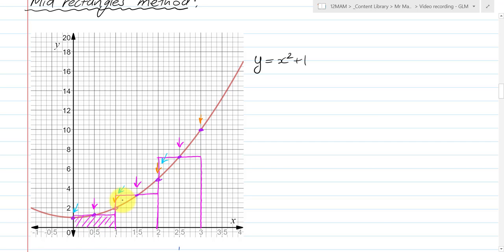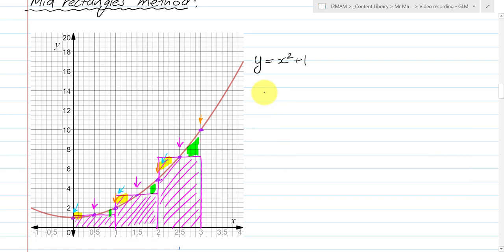We talk about the upper and lower rectangles method, a really good intro to this idea, but none of them are really that effective, so we don't eventually use them. But you can see here that this is going to be better, because we have a little bit of an overrun in here, here, and there, but that's counteracted by the fact that we're kind of missing a bit here, here, and here. So it evens itself out a bit. It's not perfect, but it does even itself out a bit.